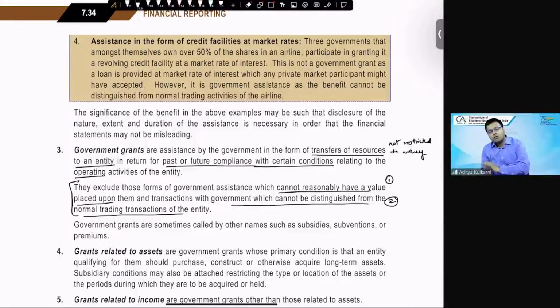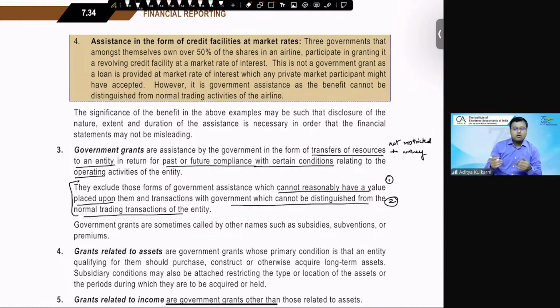In your regular course of operations, you are providing the goods to the DRDOs. DRDOs is giving you the consideration for that. This is not a government grant. This is regular operating activity of the entity, and your customer is the government itself. So therefore, these kind of categories will not come under the meaning of government grants per se.